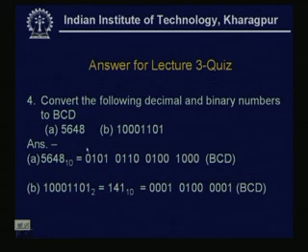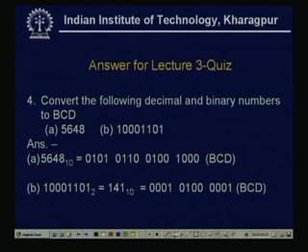The way we have defined binary coded decimal, for each decimal digit we take 4 binary bits. So, 5 is 0101, 6 is 0110, 4 is 0100, 8 is 1000. So, this is my BCD.